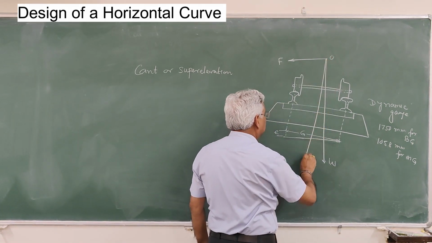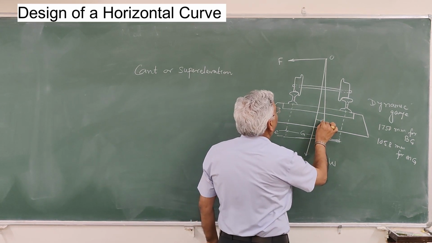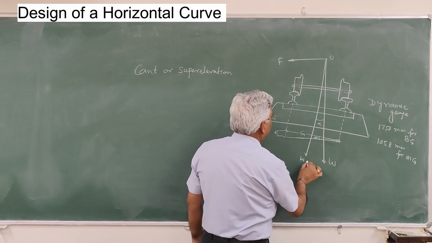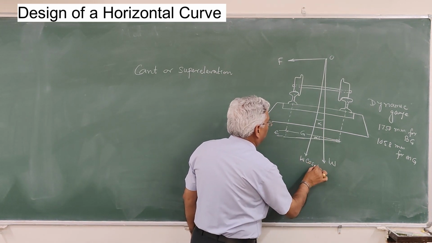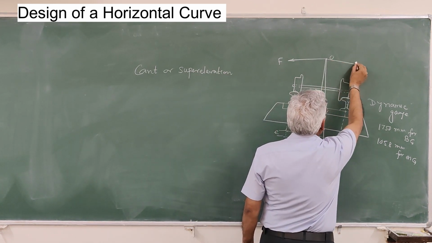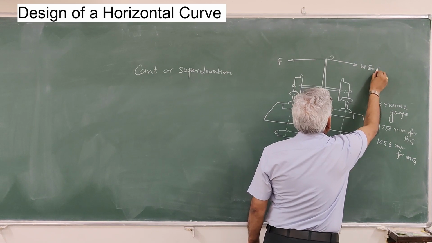Now this is the component of W. This angle will be alpha, same angle as here, and this will be W cos alpha, and a component which is parallel to the track will be W sin alpha.